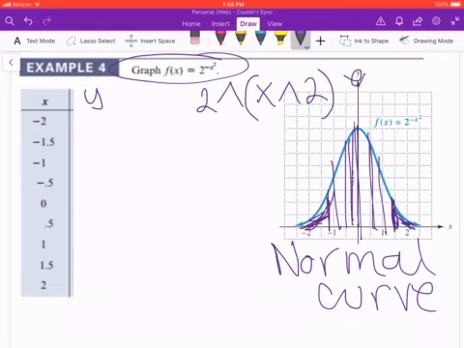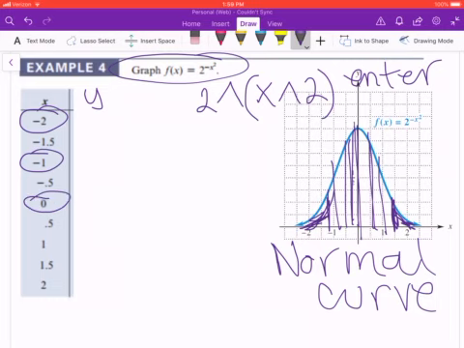And then of course you press enter. If you do that and look at the table, you can get some of the values. Typically the table only shows you the ones for integers. So for the other ones, you will just have to enter them on your calculator.